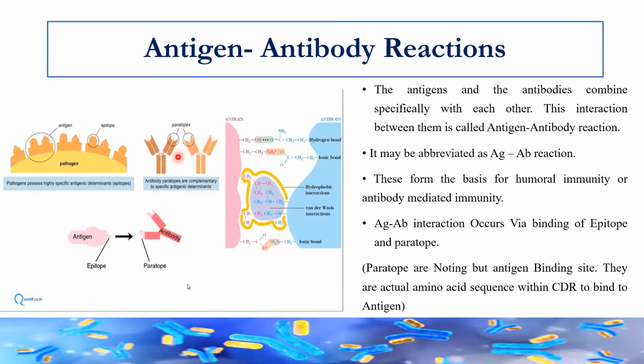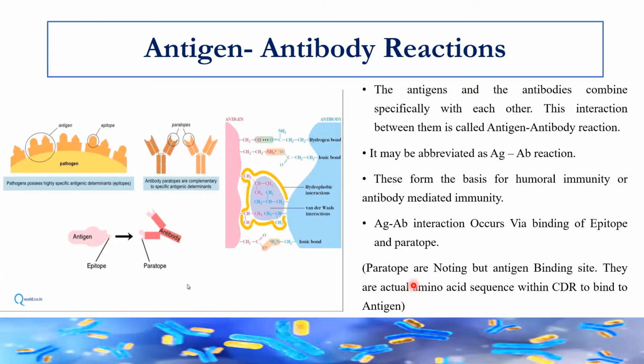It has 3 CDRs, right? Within this CDR, not all the amino acids bind to the antigen. We have seen that the CDR region is responsible for binding to the antigen, but I am saying not all the amino acids in the CDR are responsible for binding to the antigen.